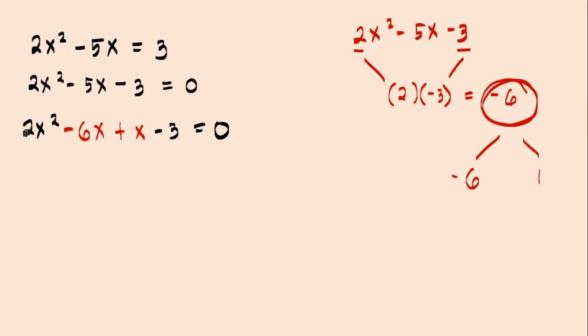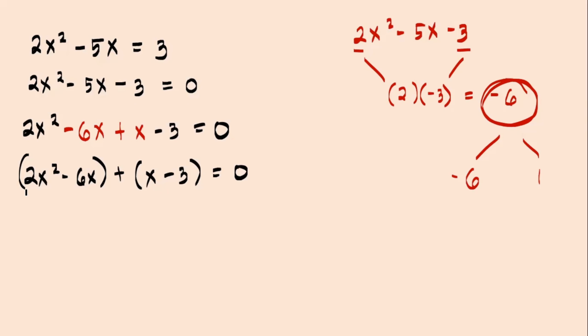Ngayon naman, igrupo natin tong first and second, tas yung last 2. So that is 2x squared minus 6x, operation, which is addition. X minus 3 is equal to 0. Okay, so ang goal kasi natin dito is makahanap ng common factor.